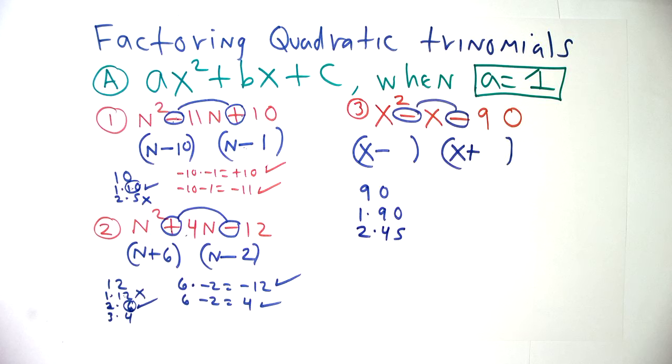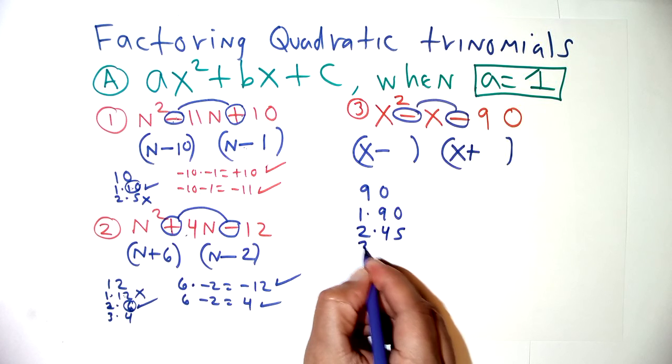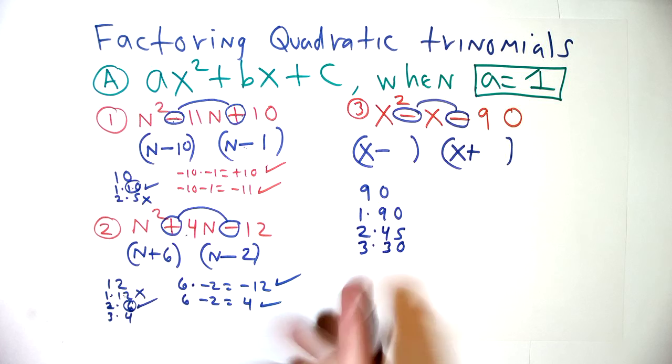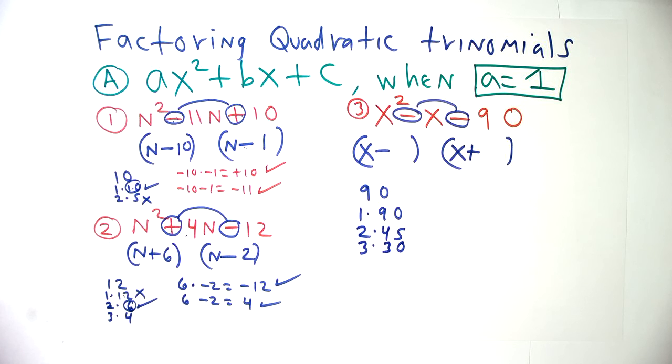Then you go to the next one. How about 90 divided by 3? 90 divided by 3 is 30. So that implies that 3 times 30 is a factor of 90. But when you go to 4, 90 divided by 4 is going to give you a decimal. So that implies that 4 is not a factor of 90.